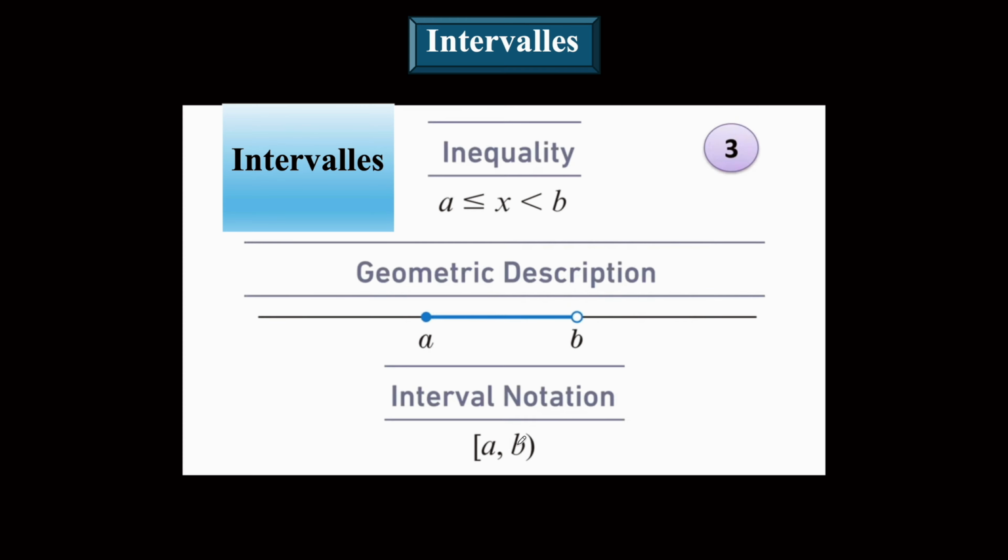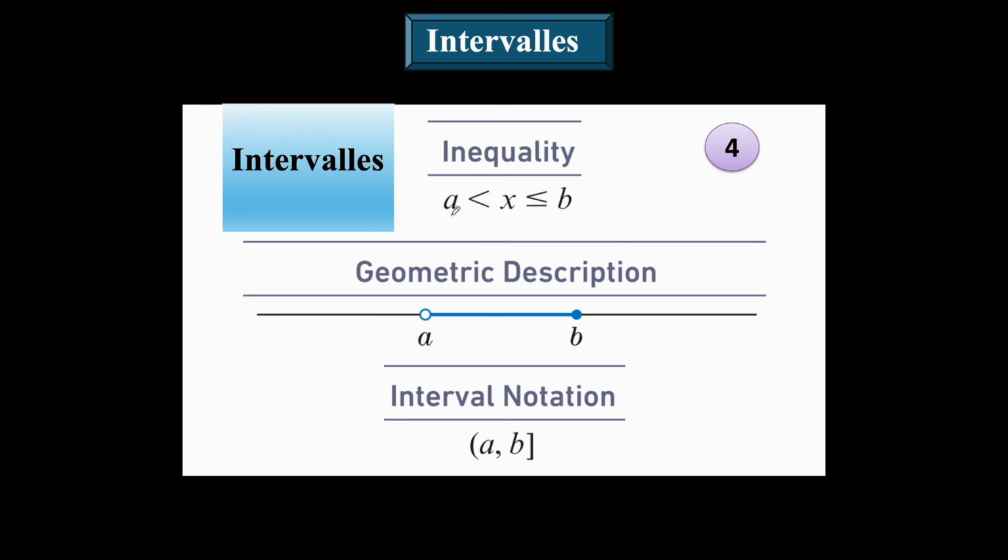Interval notation for that, a is included until b is excluded, and pay attention to this type of parentheses. Or the same thing you can write in this way, a until b, and you can do it like that. They are basically the same.